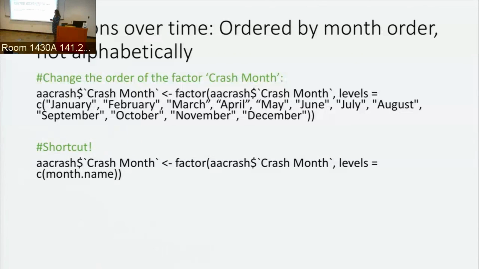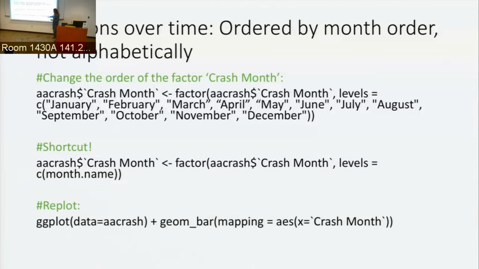Okay? Once you've done that, you can replot your ggplot using the same exact formula as before. If you're not aware, there's a shortcut in RStudio where if you click the up button, it'll go to the recent commands that you did. So if you press the up button until you get to this line of code, that's an easy way to replot if you don't want to type it out again.